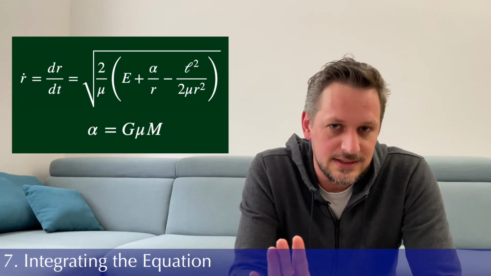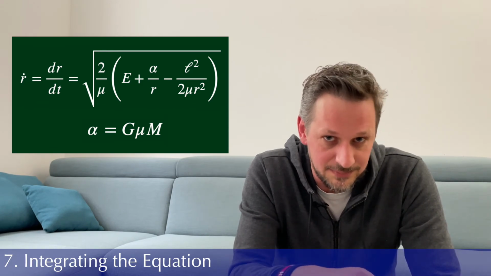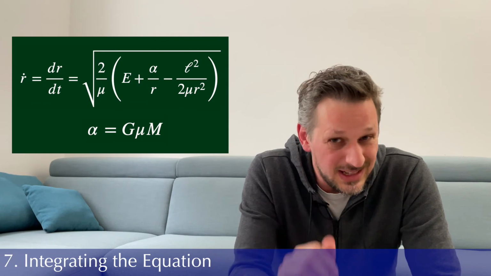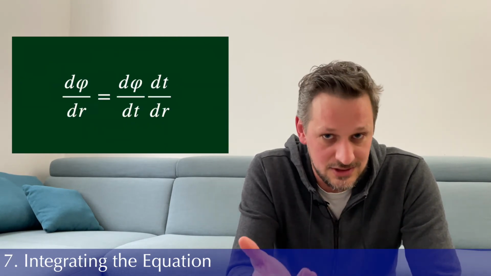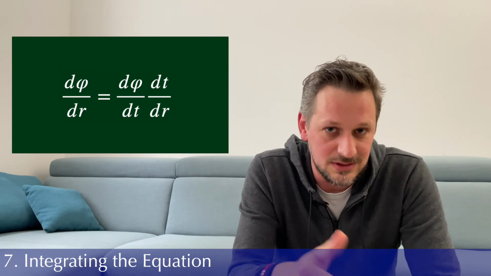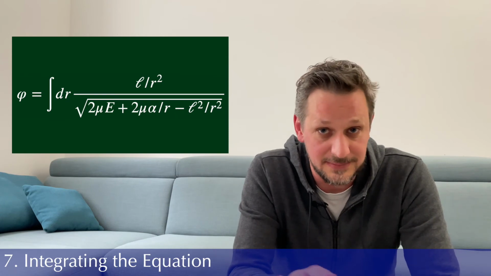And we're more interested in the curve itself and not the curve as a trajectory over time. So what we really want is an r of phi and not an r of t. So we can use the chain rule to go from one to the other and finally get an integral for r and phi. Like this.